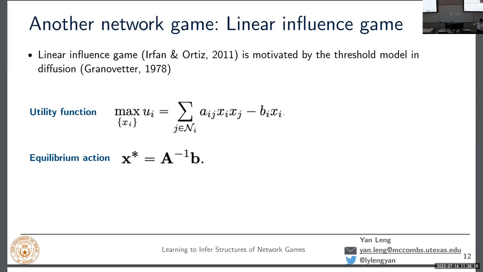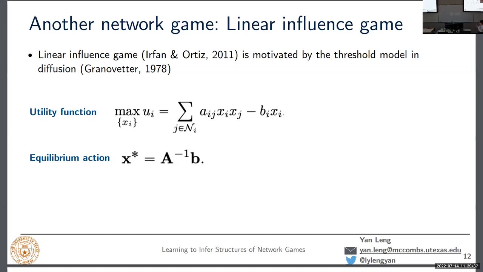I'll talk about generalization, but before that, I want to introduce another network game. It hasn't been studied in the network inference literature yet, but we incorporate it in our framework as well. This is a linear influence game, which was motivated by the threshold model in sociology, which basically says that individuals will adopt a certain decision if a percentage or a number of their neighbors adopt the decision.